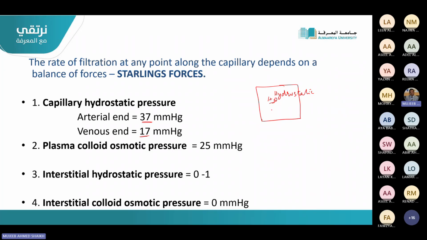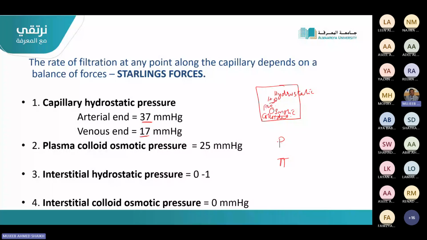And also there is one force called osmotic pressure. It is because of the protein which cannot go out or leave. This is called colloidal osmotic pressure. So one is hydrostatic pressure, one is colloidal osmotic pressure.